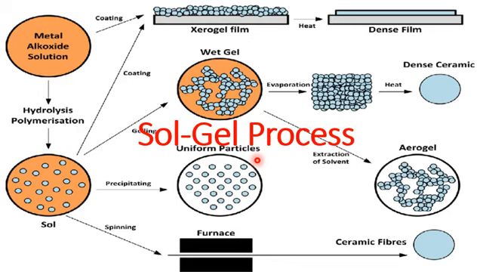Though these preparation steps will not be discussed in this lecture, in the next lectures I will briefly explain how we can produce quantum dots, nanorods, and nanowires from the sol gel process.